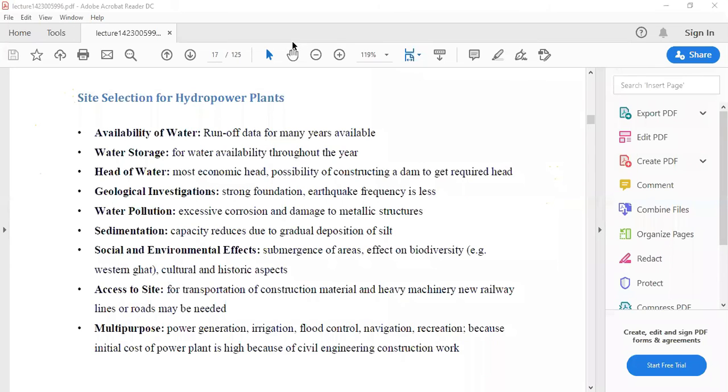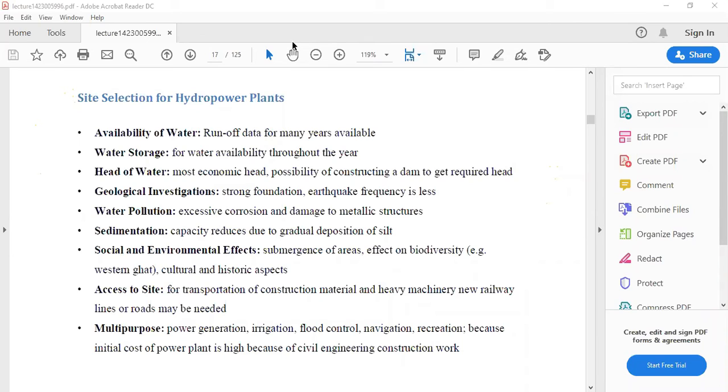Then there is water storage. To have water available throughout the year, with the help of the mountains surrounding the dam, we can store a large amount of water, which can be available throughout the year for the generation of electricity.